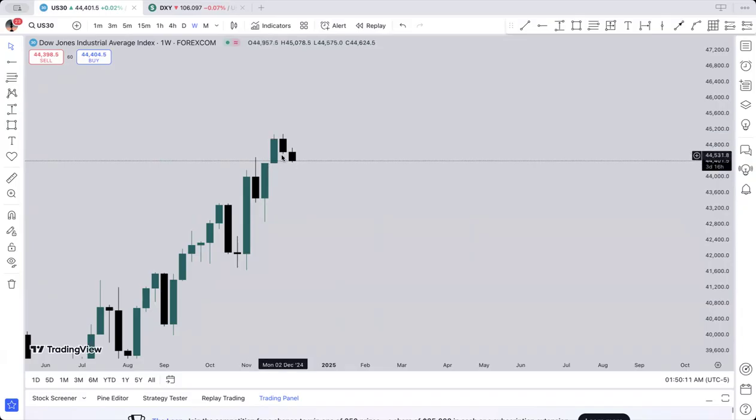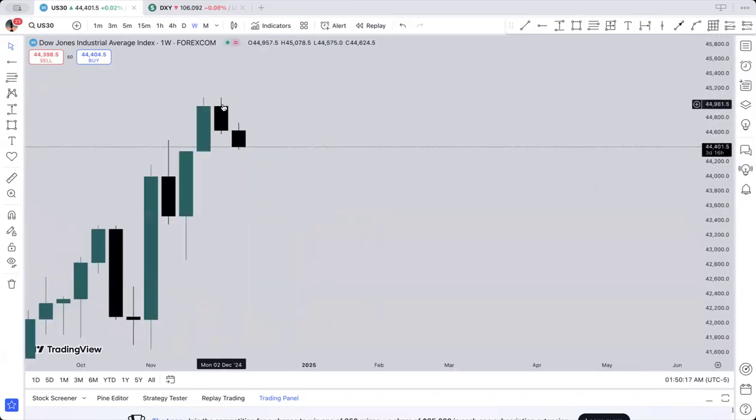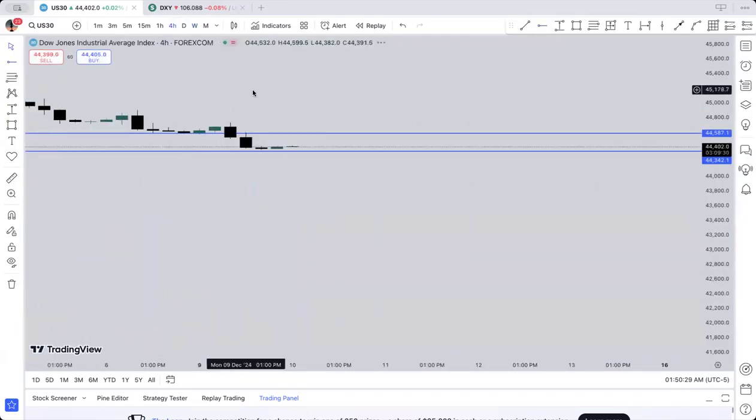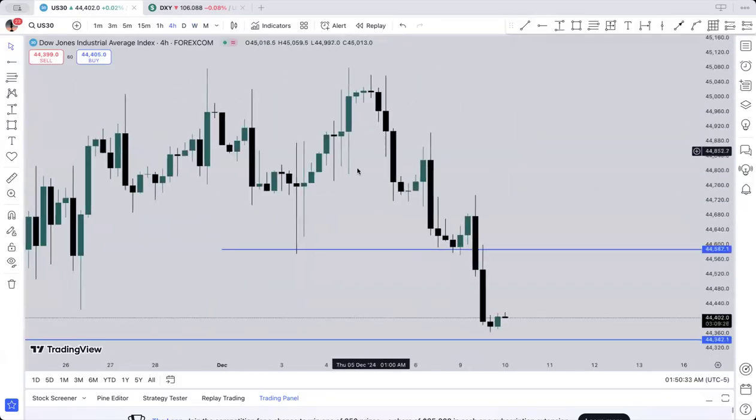So price just traded into a weekly gap now. This was the previous week candle, right? That formulates the CB. So we can go to H4 to look at more information about that.